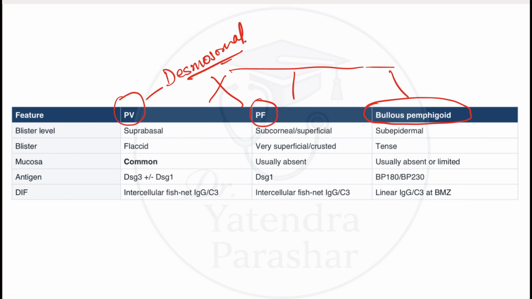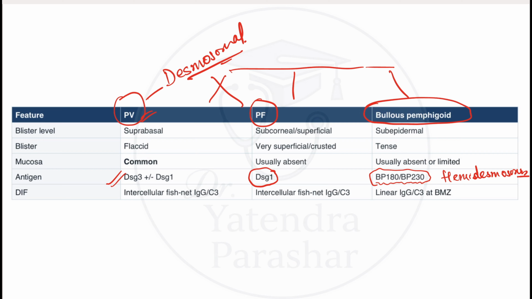In cases of vulgaris, the autoantibody is against DSG3 and DSG1, and in cases of foliaceus, only DSG1 is involved. However, in cases of bullous pemphigoid, the autoantibody formation is against the BP180 and BP230 antigens of the hemidesmosomes.